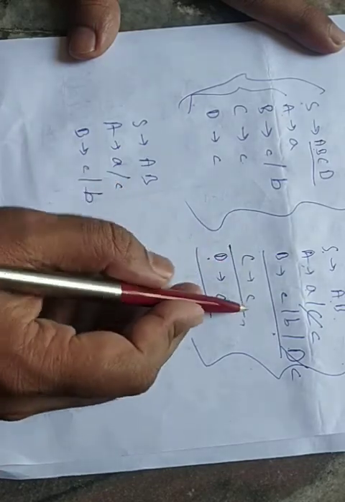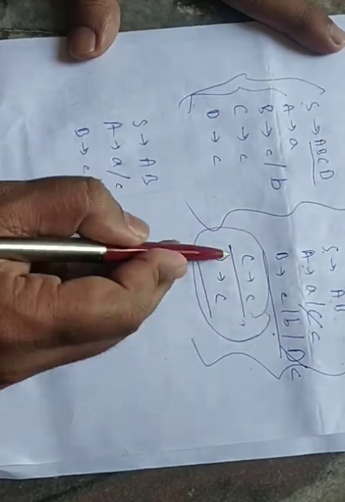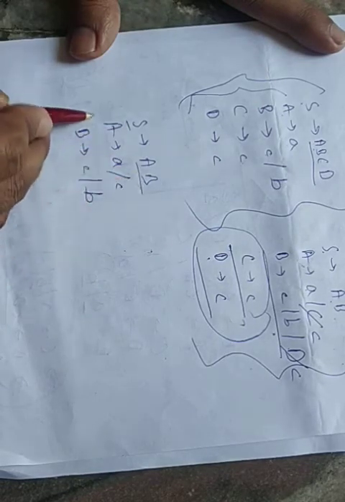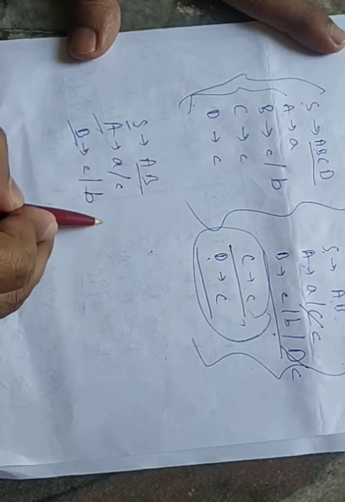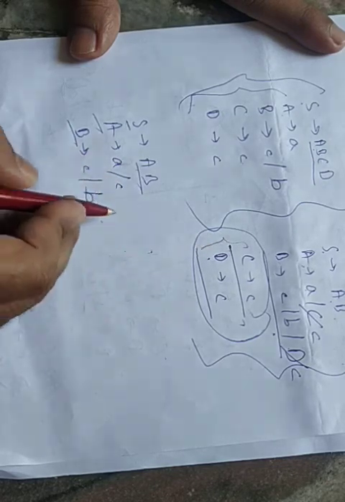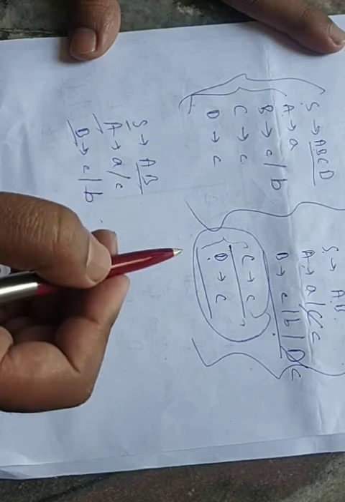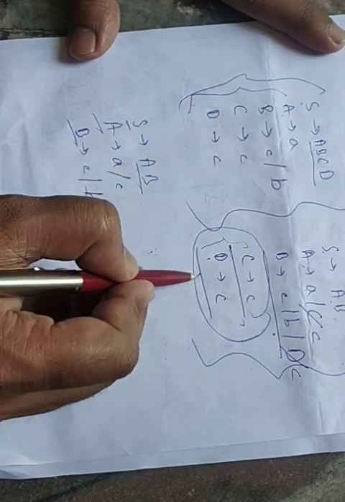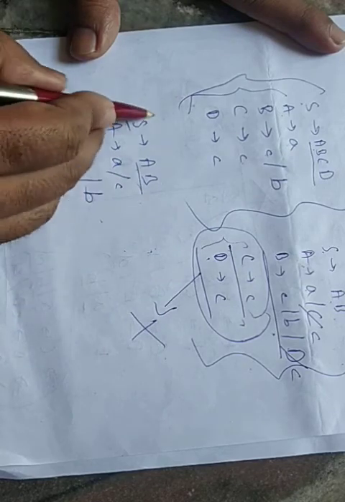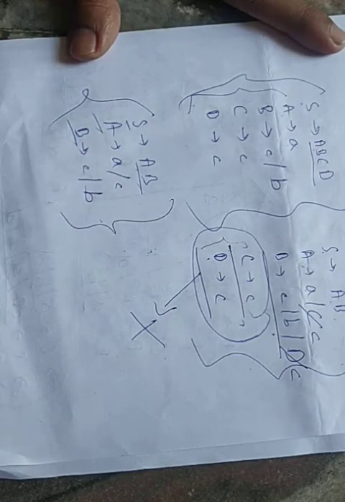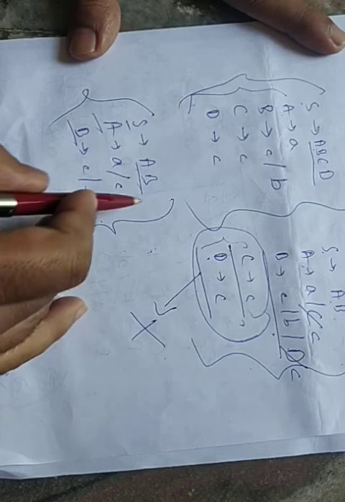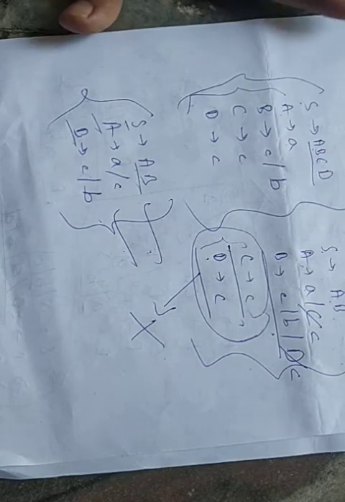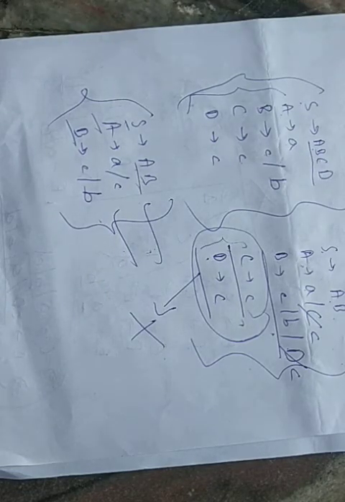Now, from the starting variable, I do not have any path to move to these two variables, C and D. So by the previous method, removal of unreachable, I am going to remove these. Now my new grammar after removal of unit production and unreachable production becomes this one. In this way we remove unit production and unreachable production.